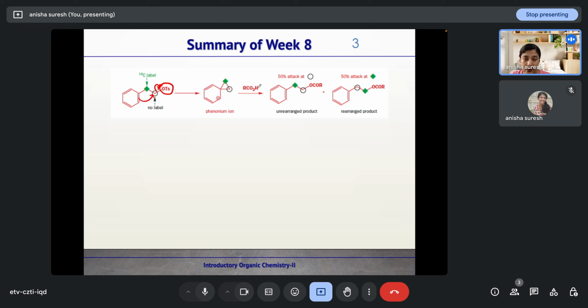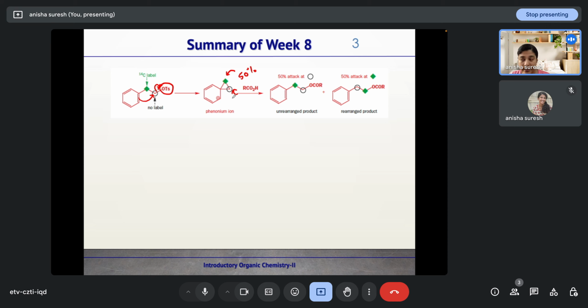Then the RCO2H can attack either this position or this position. There is 50% possibility for both. If it is attacking at this position, it will lead to formation of the rearranged product. And if it is attacking at this position, it will lead to formation of this unrearranged product.